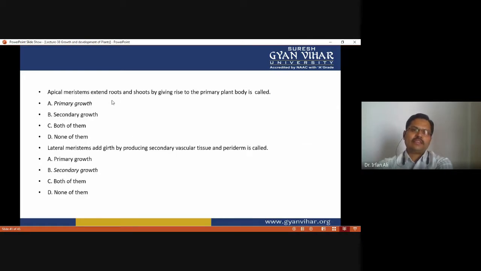An apical meristem extends roots and shoots by giving rise to the primary plant body, called primary growth. And lateral meristem adds girth by producing secondary vascular tissue, secondary phloem, secondary xylem, and periderm, called secondary growth.